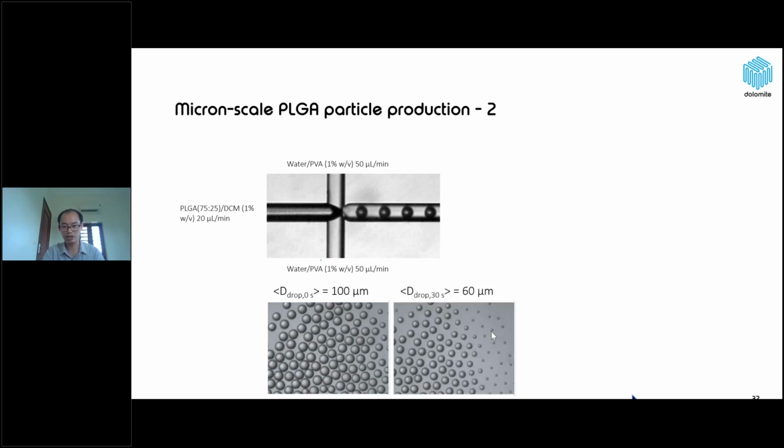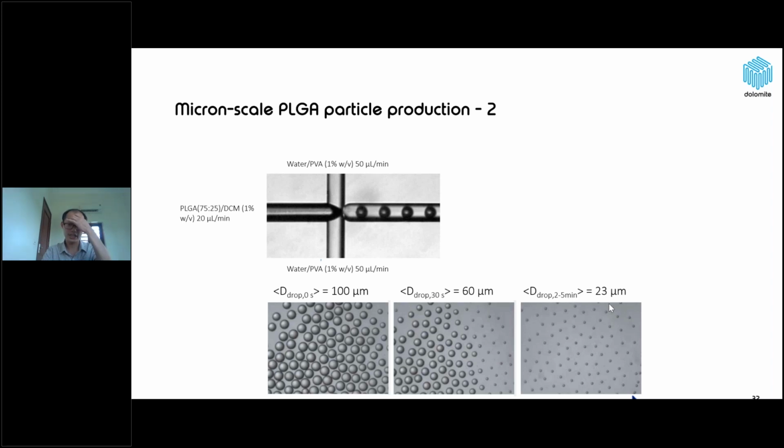It also decreases the particle size. Here we show the process over 5 minutes of solvent extraction. The droplets after passing through the microfluidic chip have a size around 100 micrometers, and after 5 minutes it can generate a 23 micrometer PLGA bead.